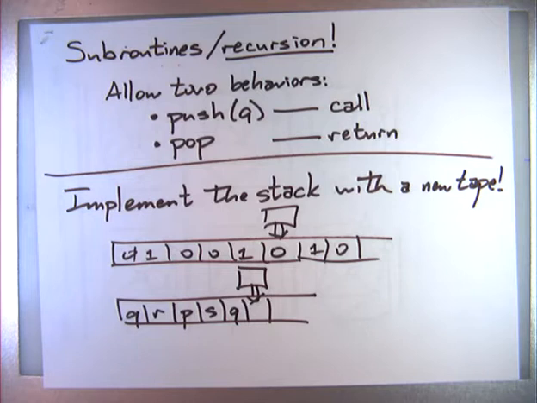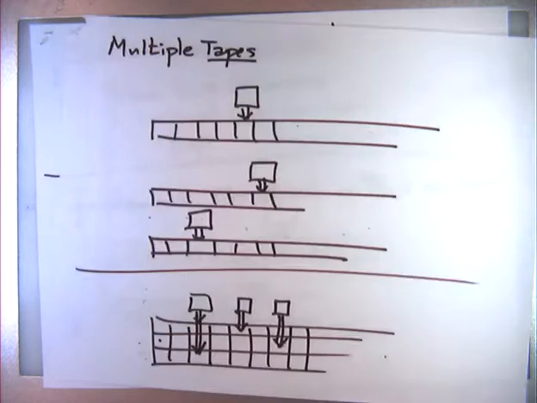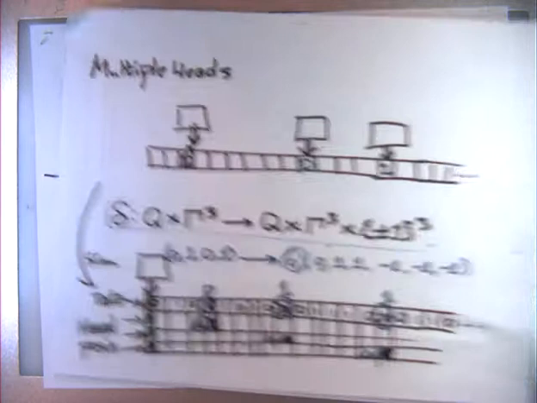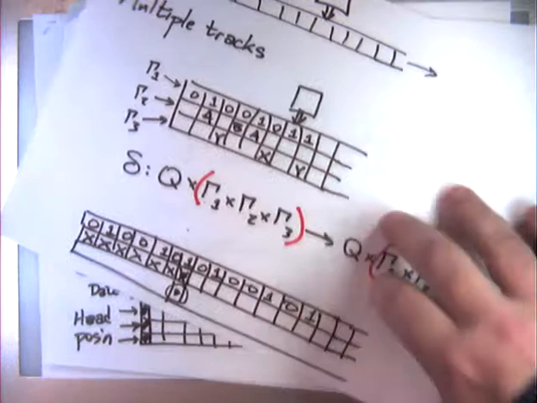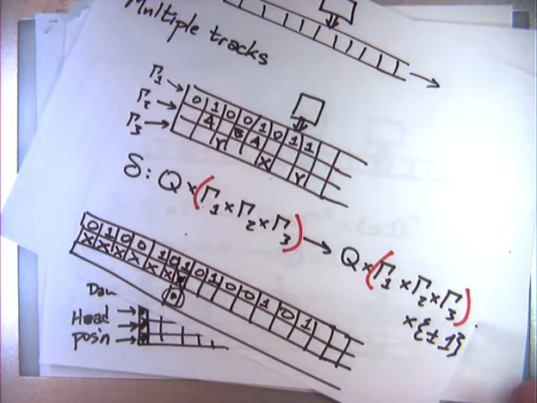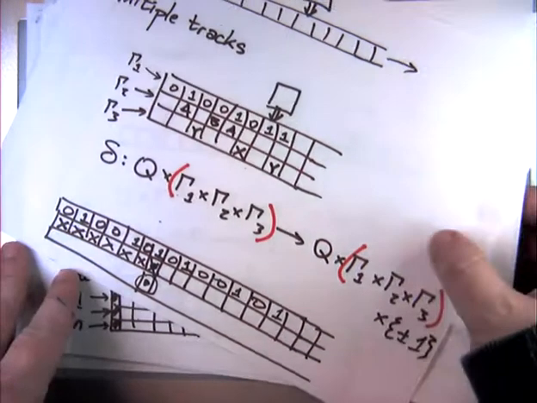Okay. But of course, this is just a particular way of using multiple tapes, which is, of course, just a particular way of using multiple heads, which is, of course, just a particular way of using multiple tracks, which is just a complicated vocabulary of tape alphabet.